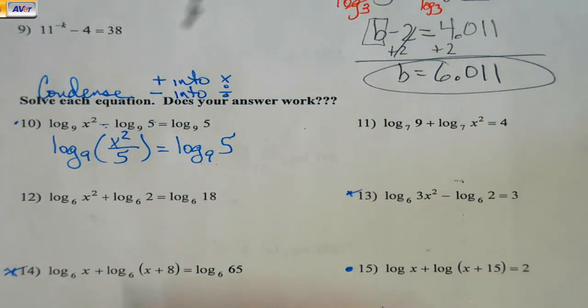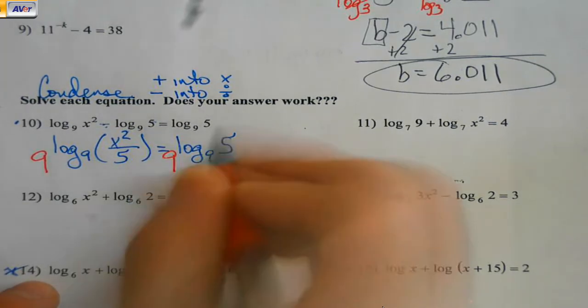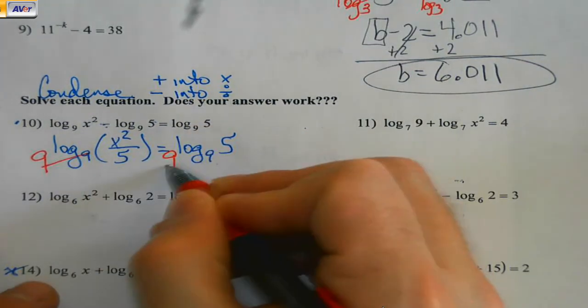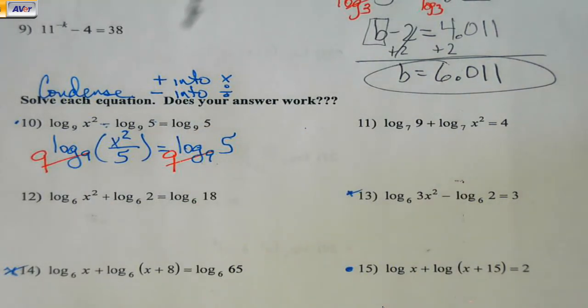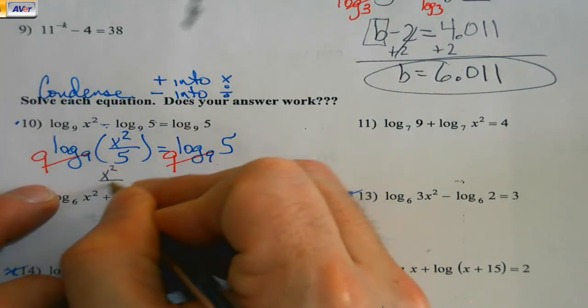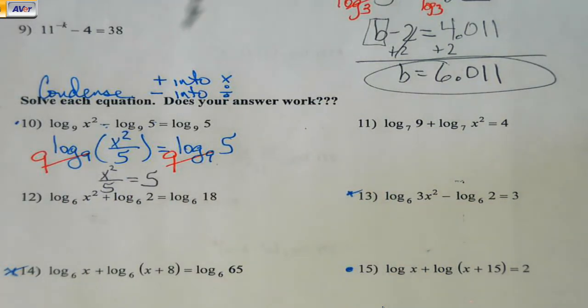Well, to get rid of a log, we exponentiate with that value. And those are inverses. Those are opposites. And so what do I have left? I have x squared over 5 equals 5.